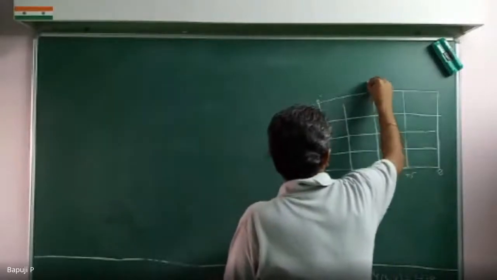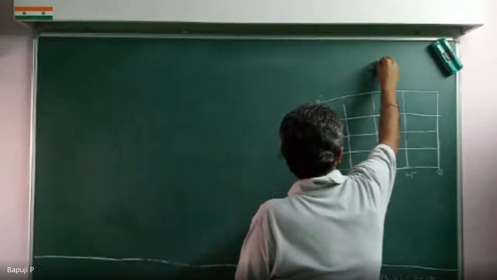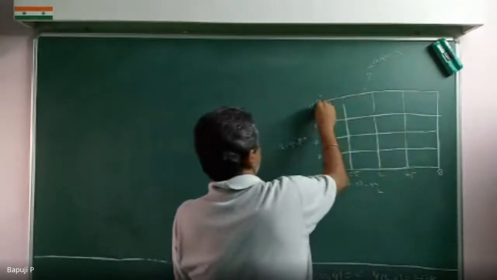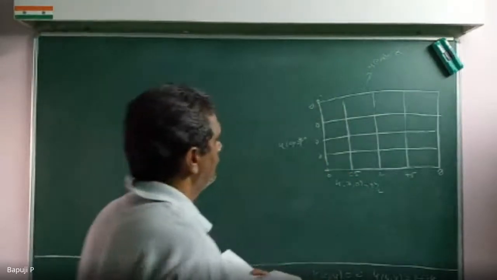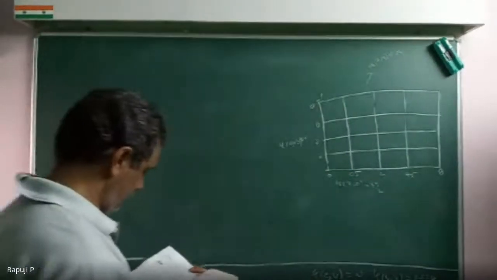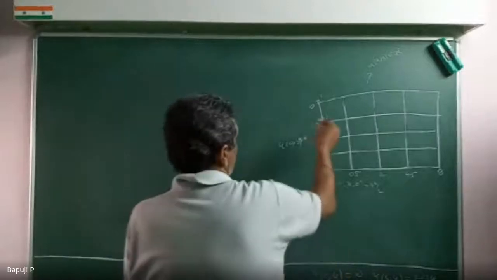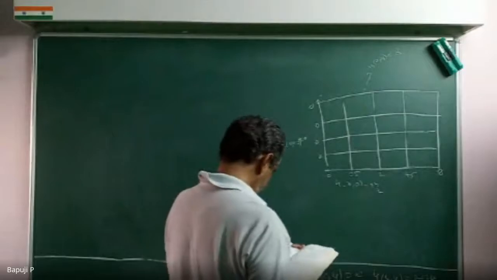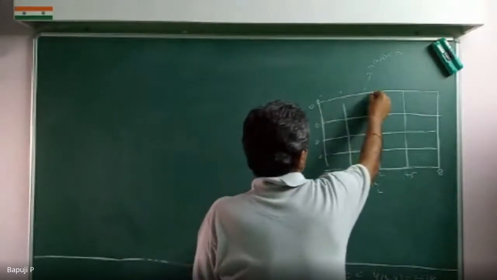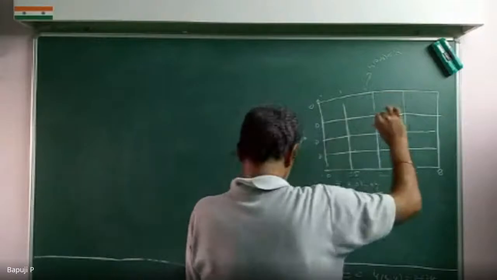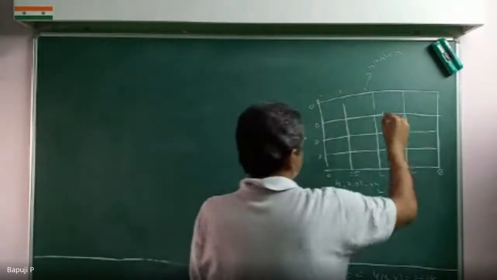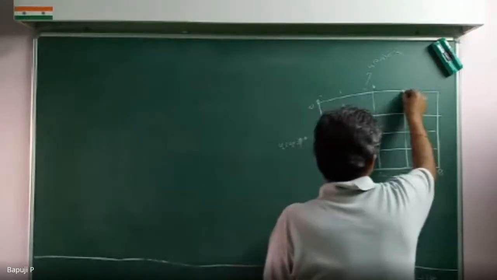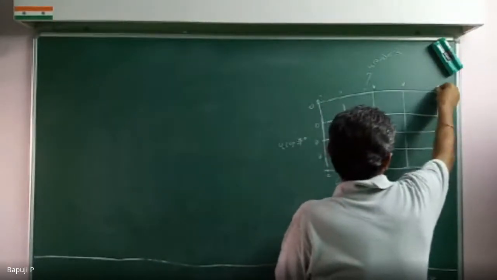On the axis y is equal to 0, the first value 0 I already got. Here x is equal to 1, 1 square is 1. Here x is equal to 2, y is equal to 4 constant, so 2 square is 4. Then 3 square is 9, and 4 square is 16.